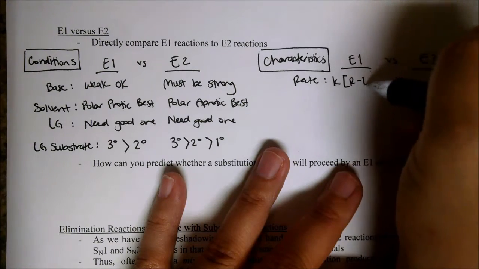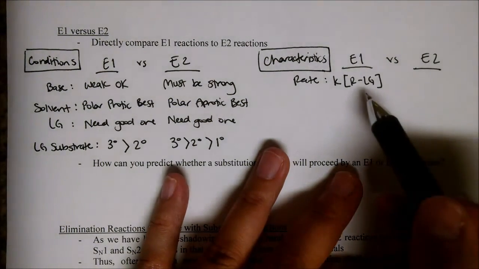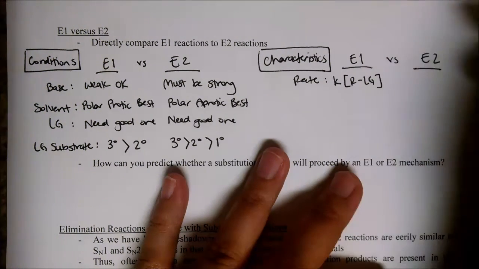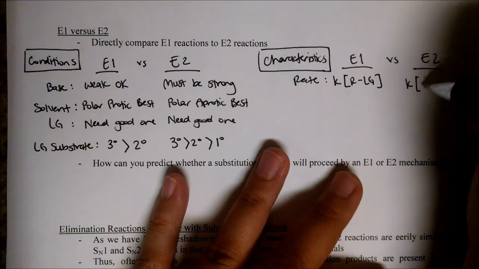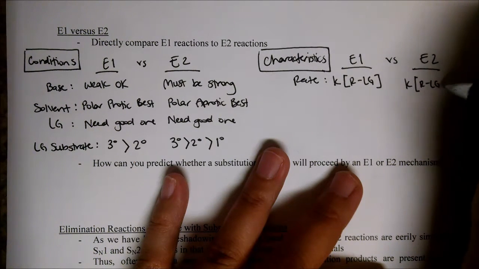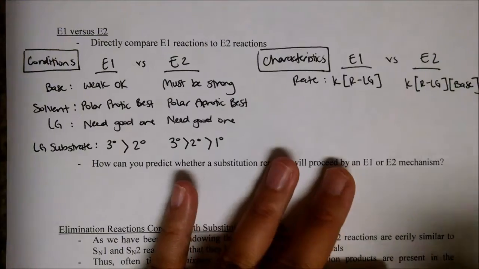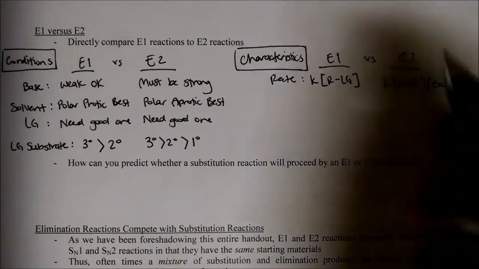So it's just dependent on that leaving group, right? Because the rate determining step of the E1 is the leaving group leaves to form the carbocation. That's the only thing in the transition state. Whereas E2 was all one step, and both of the starting materials were in that transition state. So it was bimolecular, and both of those starting materials are in the rate law.